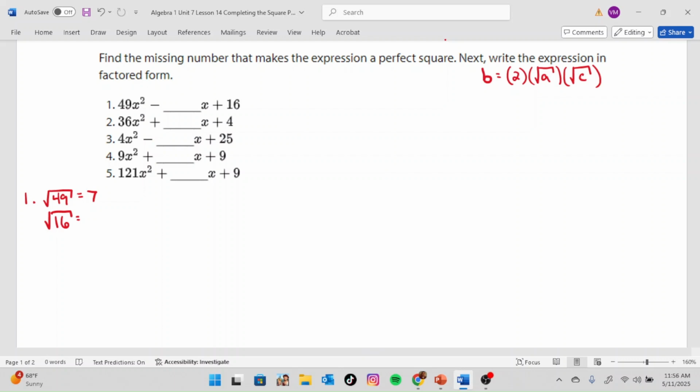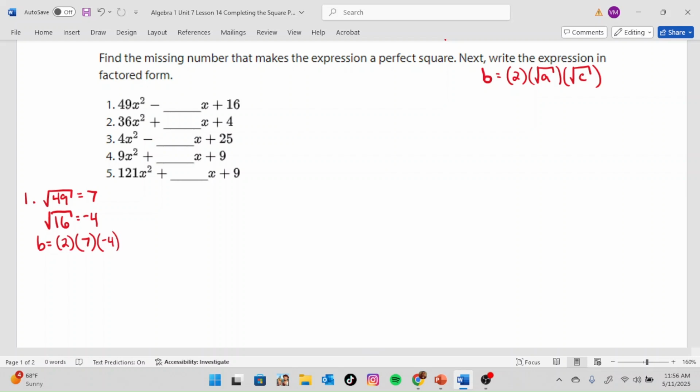Since the b term is going to be negative, we're going to use -4. So that means the b term is 2 times 7 times -4.